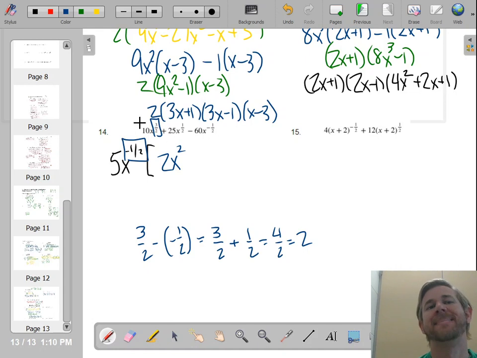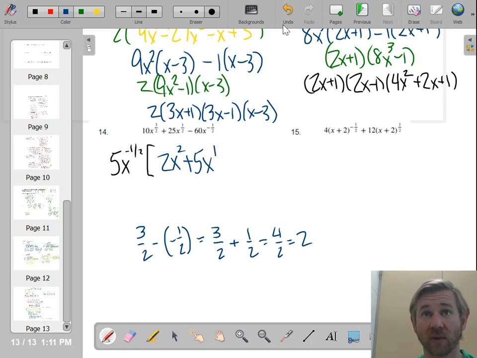So we have 2x squared plus 5 times 5 gives you 25, and then it's x to the 1/2 minus negative 1/2 is 1/2 plus 1/2, so 1 whole, which I'm not going to write, minus 5 times 12 is 60, and I already took care of the negative 1/2. It's part of the GCF.